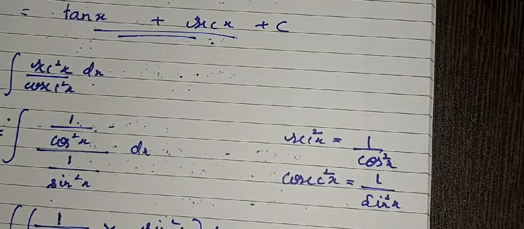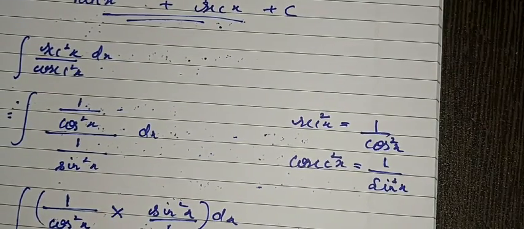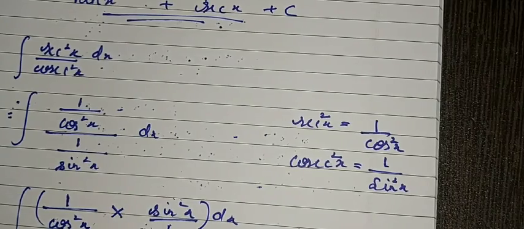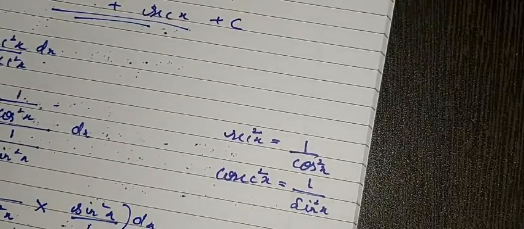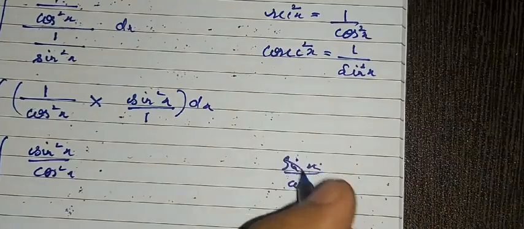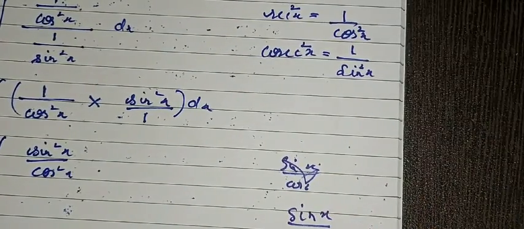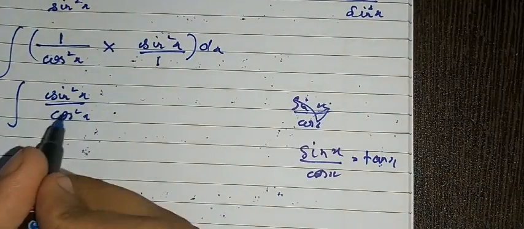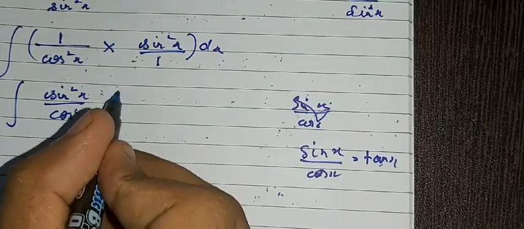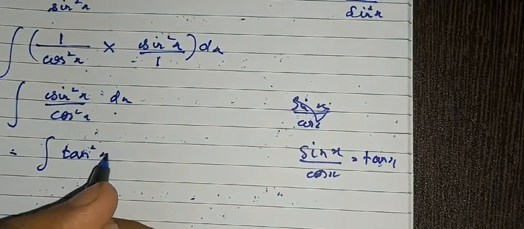So it will be like sin square x into 1, cos square x into 1. So what is sin x by cos x? It is tan x, right? So what is sin square x by cos square x? Sin square x by cos square x is tan square x.